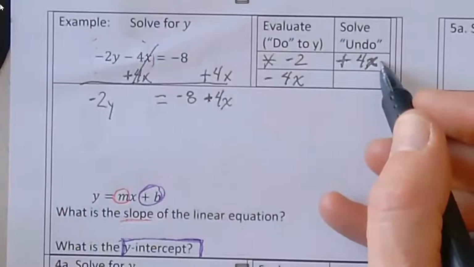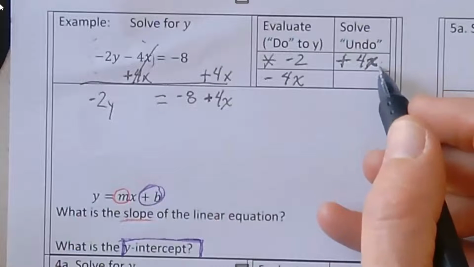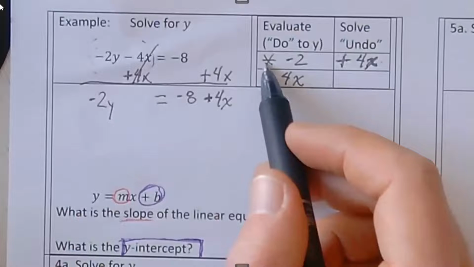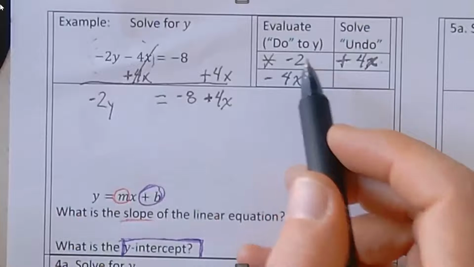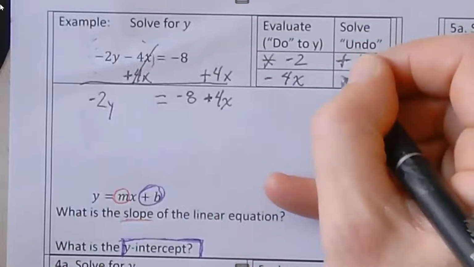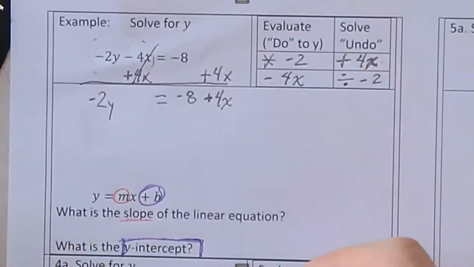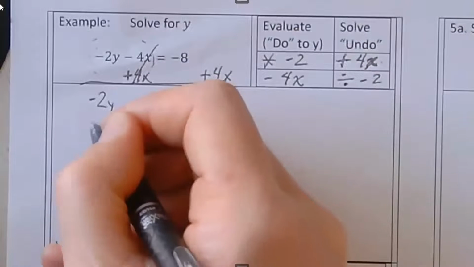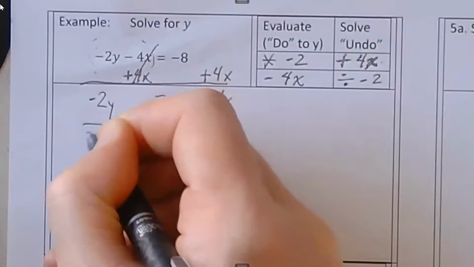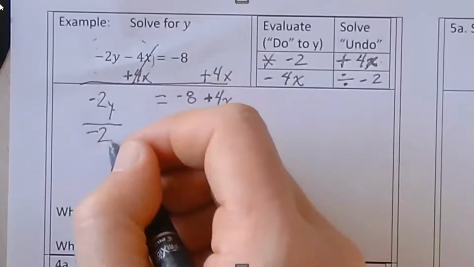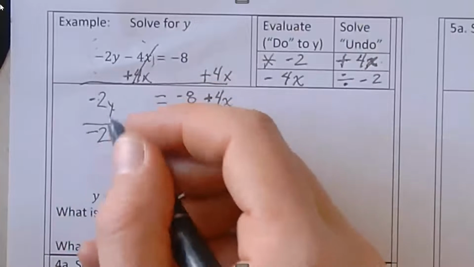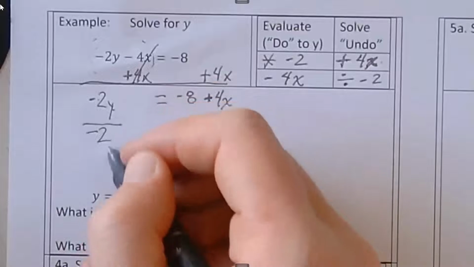This step is done. Now we want to think about doing the inverse of multiplying by -2. The inverse of multiplying is dividing by -2. And that should make sense because if I divide -2y by -2, I get -2 divided by -2 is 1. So 1y.